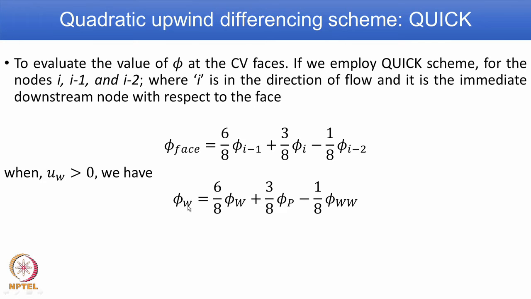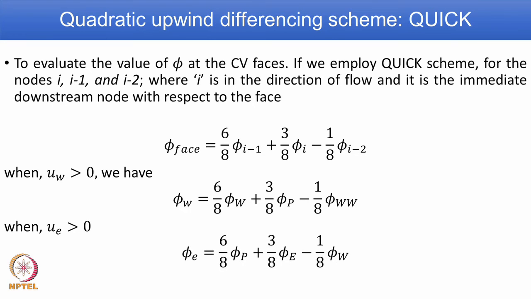So, for the west phase, the immediate downstream node of interest is phi at P, I minus 1 is on the left side and I minus 2 is to the left of the W node, which is phi at WW. So, this formula, which is derived for uniform equal spacing, is a generalized formula and you can apply it for any side, for any direction.